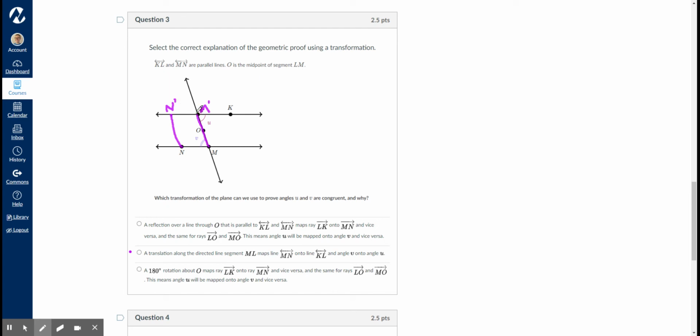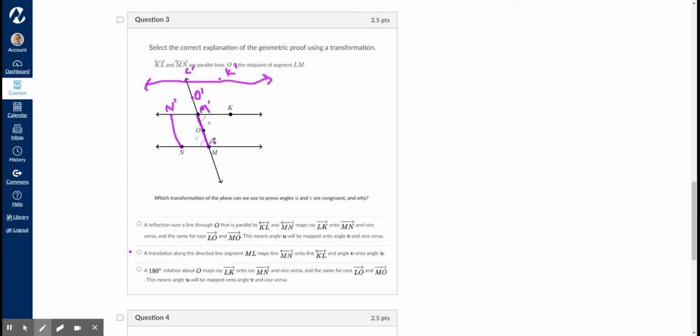Bring L to about here. K about there. Draw that line. Pretend I can draw straight lines and points in places where they need to be. And of course it would take point O about up here.